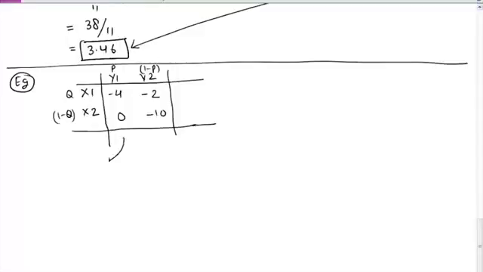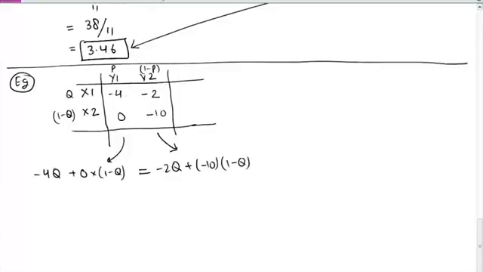So if you calculate this value here, negative 4q and 0 times 1 minus q, we can equate it with the value here, which is negative 2q plus negative 10 times 1 minus q.